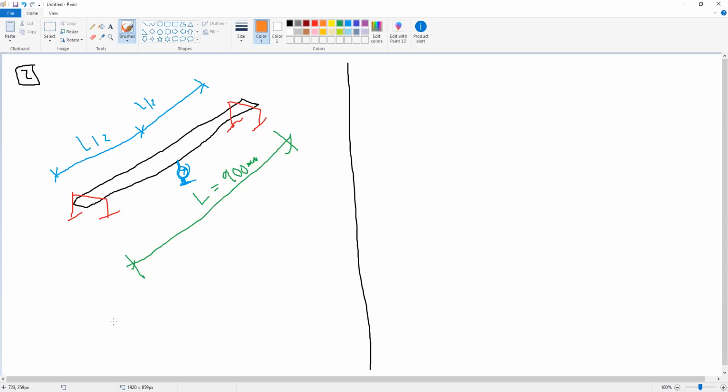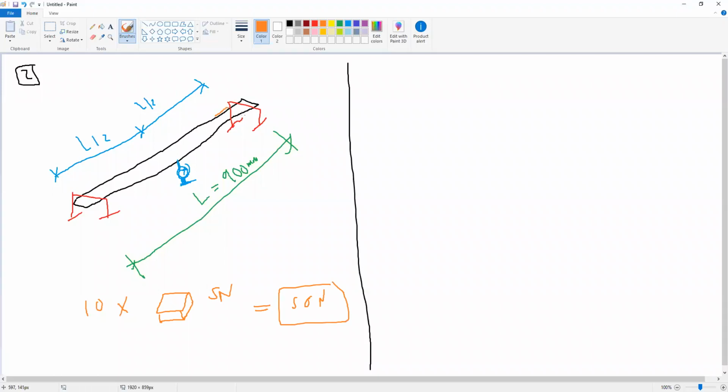Okay, and again, as we said in the concentrated load, we have 10 weights, each weight equal to 5 Newton. So the maximum load we have is 50 Newton. But here we are not applying the load at only one point. We need to distribute the load. How can we distribute the load?